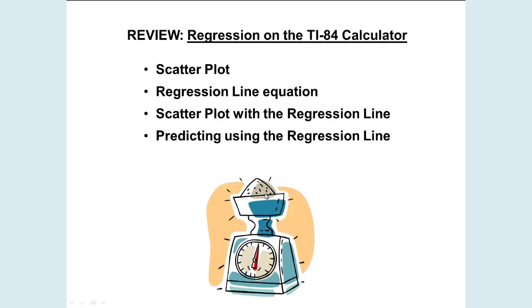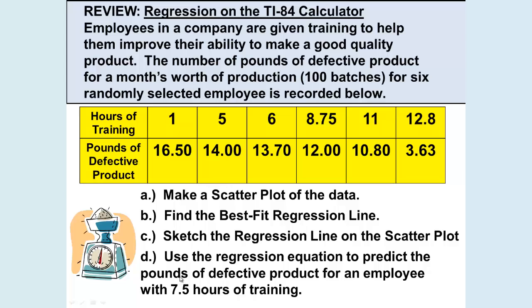Review of the TI-84 calculator: scatterplot, regression line equation, scatterplot with the regression line, and predicting using the regression line. Here is a review and an example to review those skills. Employees in a company are given training to help them improve their ability to make a good quality product.